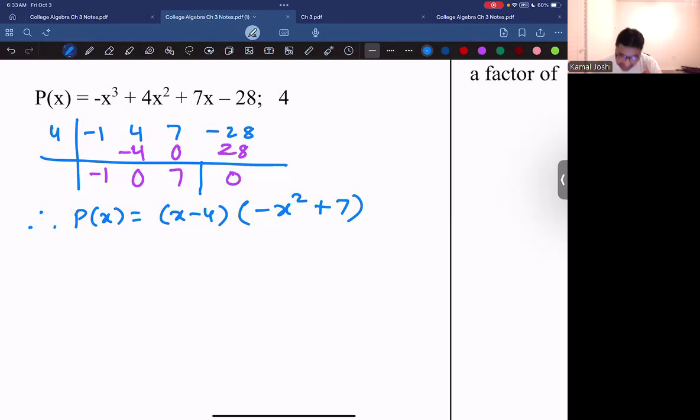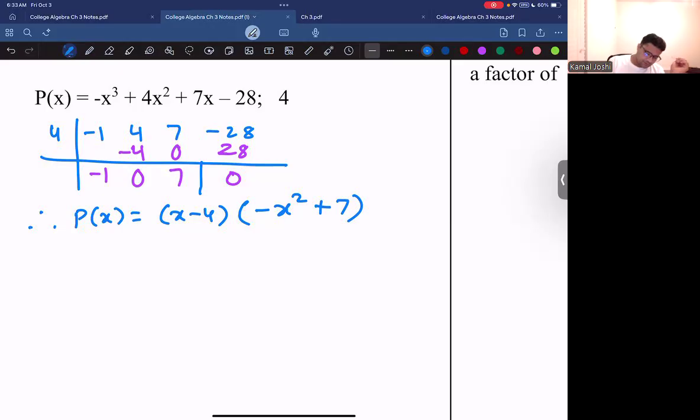Now again, be careful. It is not plus 7x. It is just plus 7, because the x term has coefficient 0 in the quotient. Because the polynomial is a cubic, the quotient starts with x squared, then x, then the constant. So it is just 7.